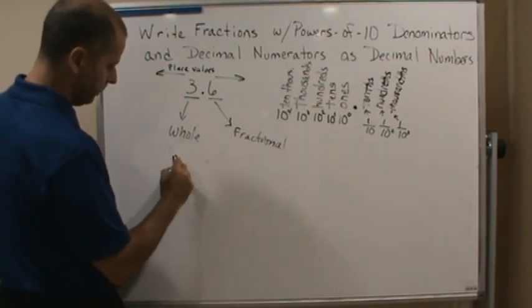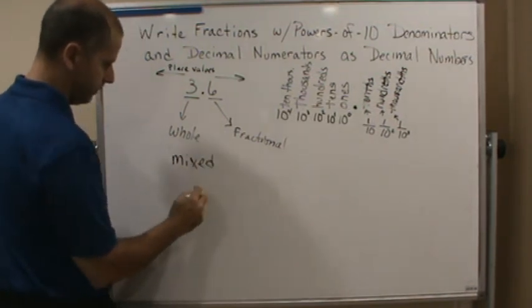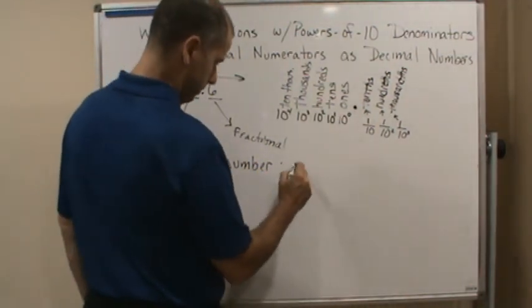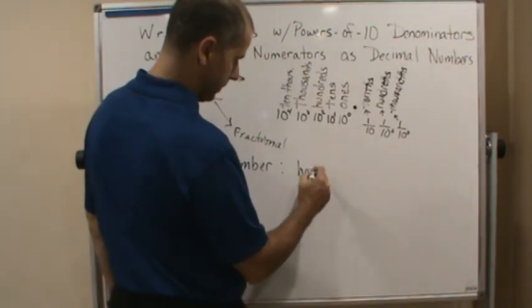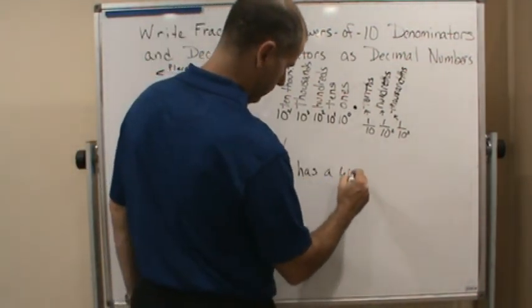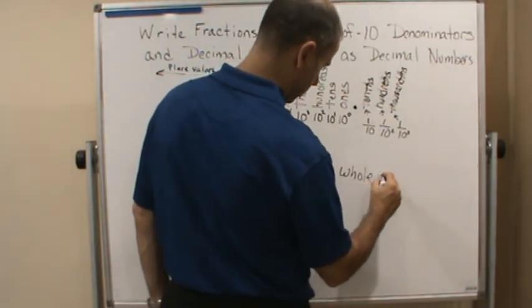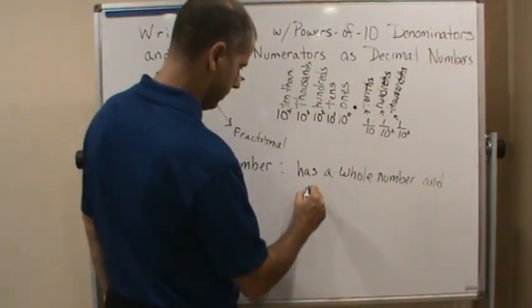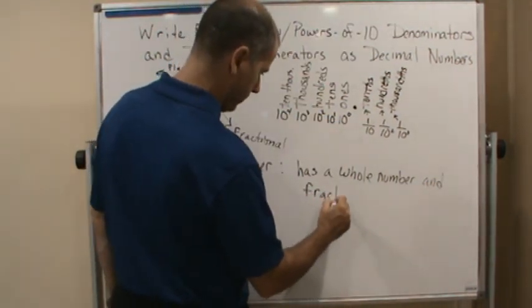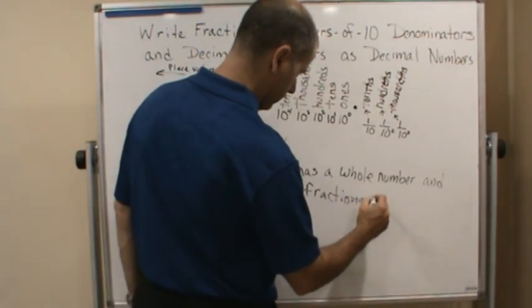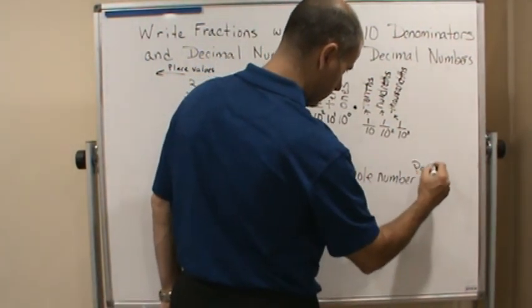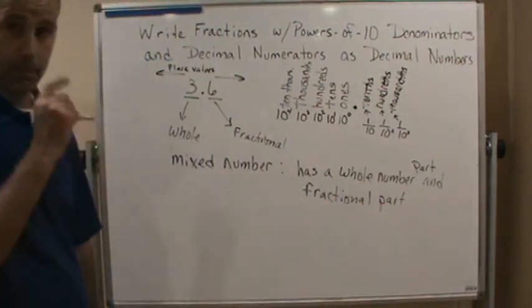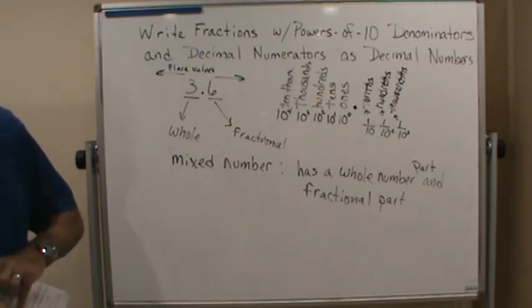Any number that has a whole part and a fractional part is called a mixed number.